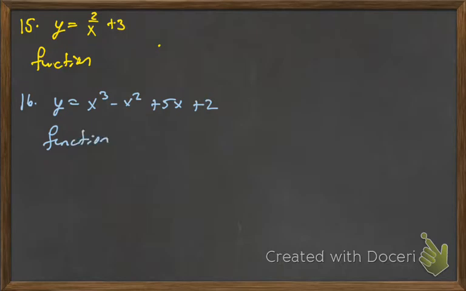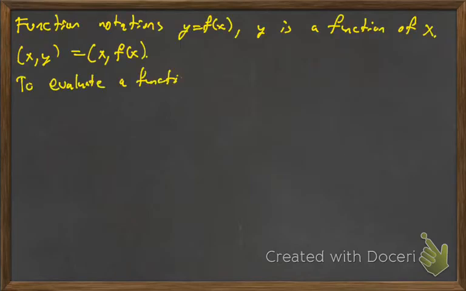Okay. All right, the last thing we're going to take a look at is evaluating functions. So it's going to be plugging in values for x, so it's something you've done before. Maybe not with a function notation though. So when we say y equals f of x, that communicates that y is a function of x right off the bat. As an ordered pair, an xy pair would look like x comma f of x. And the syntax here, we need another parentheses there.